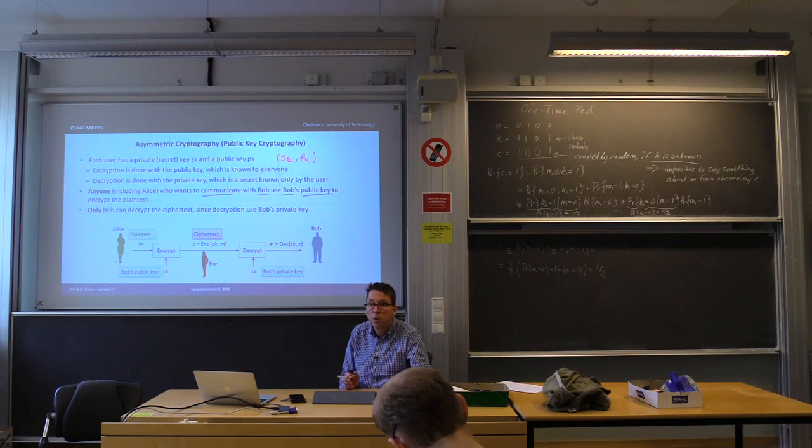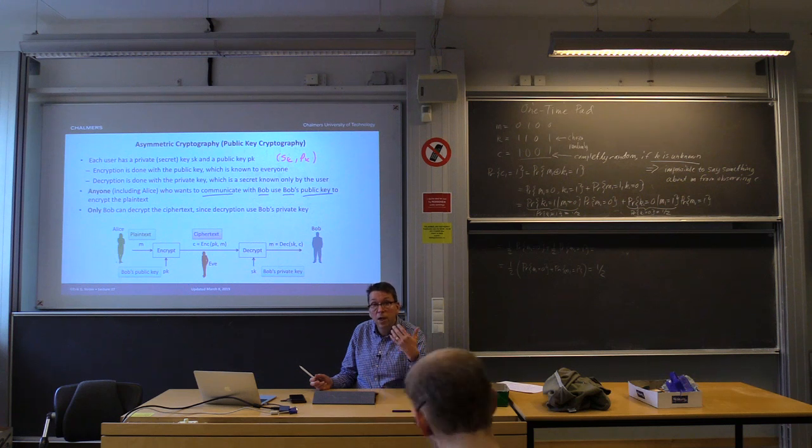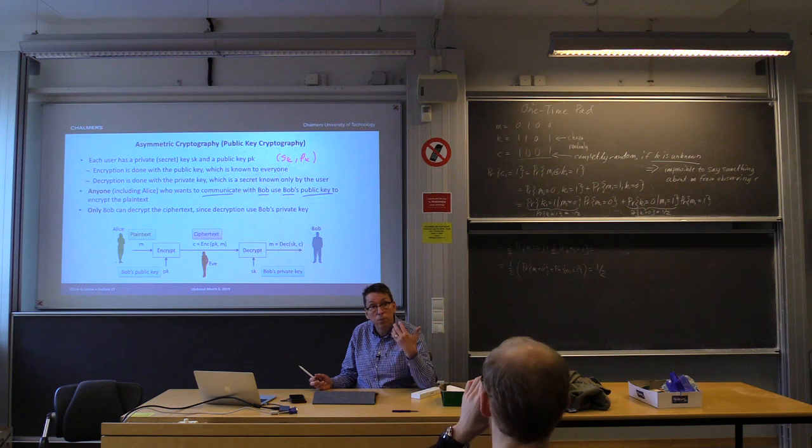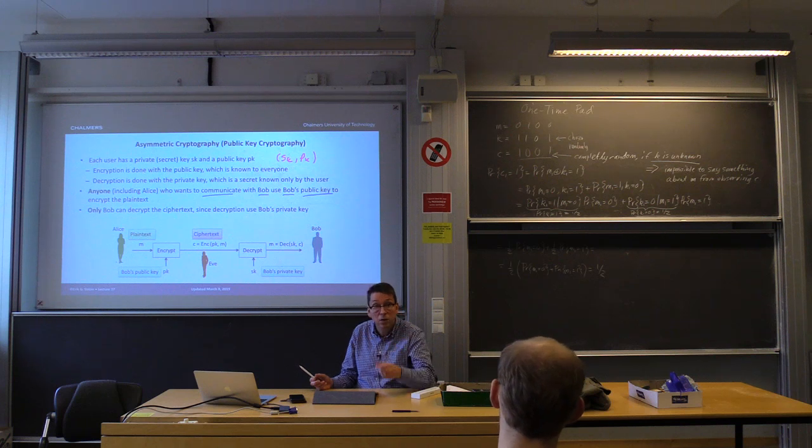Okay, so this is quite useful. For instance, if I would like to communicate with, say, an Amazon server on the internet, the only thing I need to know is Amazon's public key to make my communication with the web server a secret to everyone else. So that simplifies the key distribution problem quite a lot.